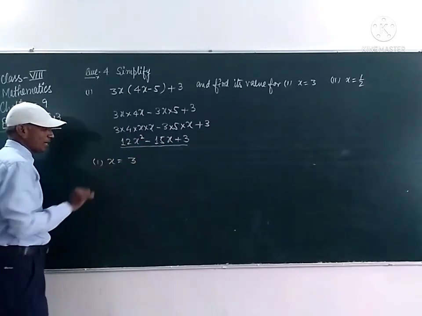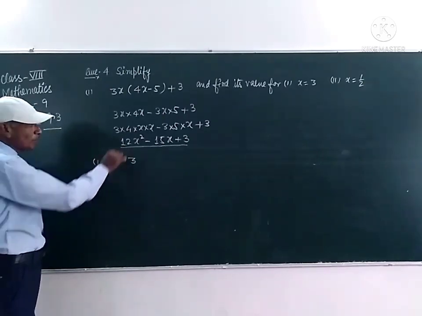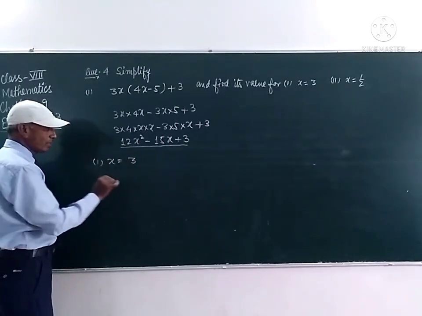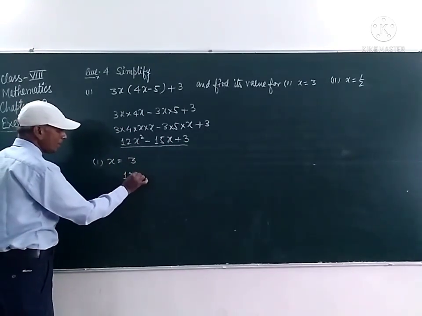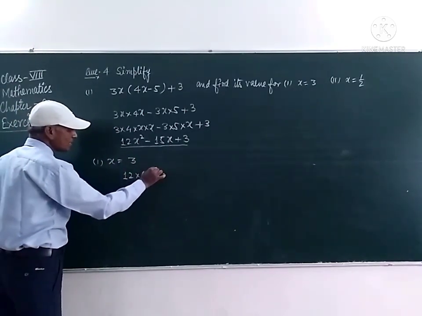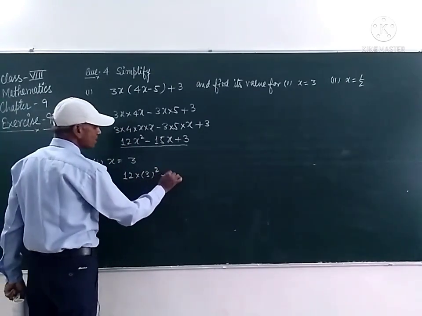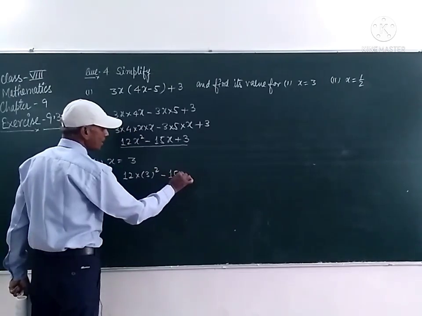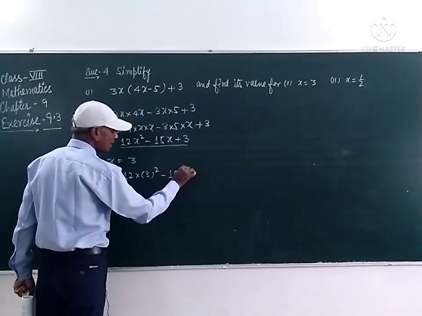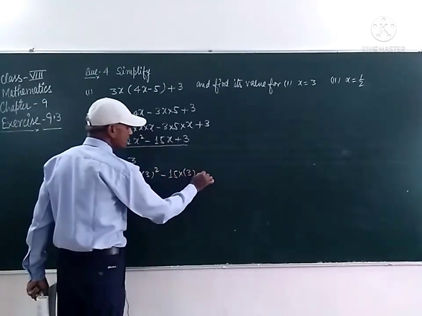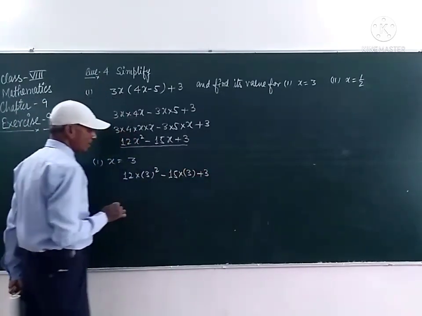This one first part, student. After putting the value in place of x, we have to put 3 here. So this one 12 into 3 square, because it is x square, student, minus 15 into 3. In place of x, we have to write 3 here, plus 3.